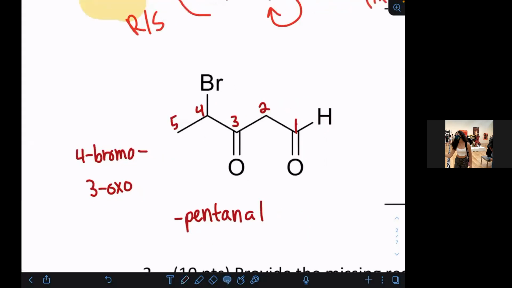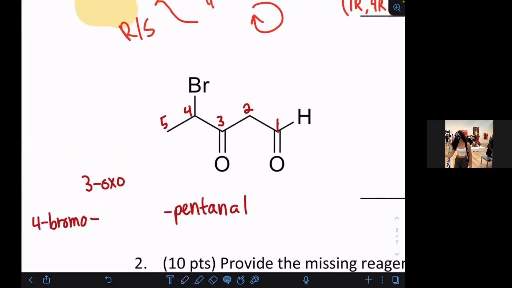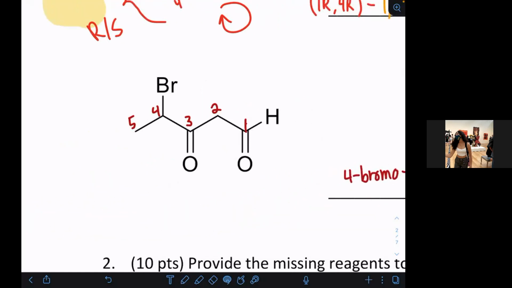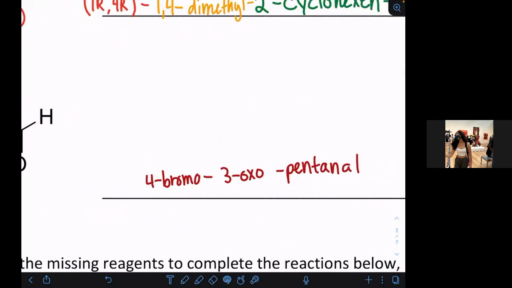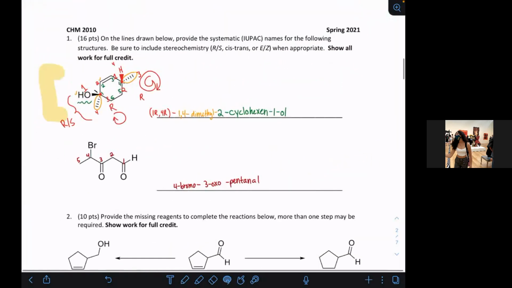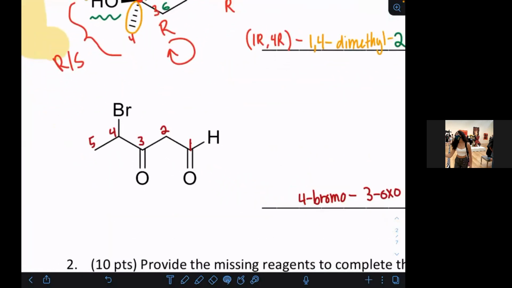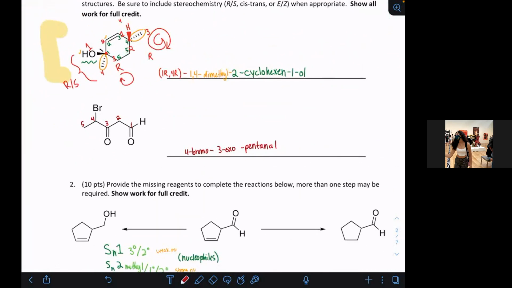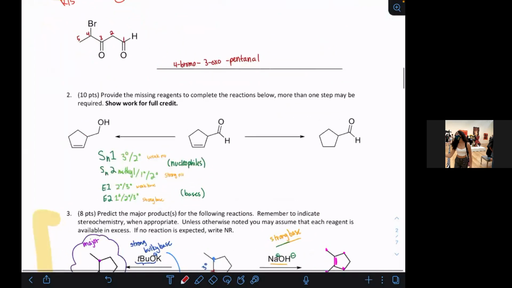And then in alphabetical order, 4 bromo, 3 oxo pentanal. There's no cis or anything like that. And also no R and S, because we would need to be shown the wedges and dashes. So I think that's it for that one.